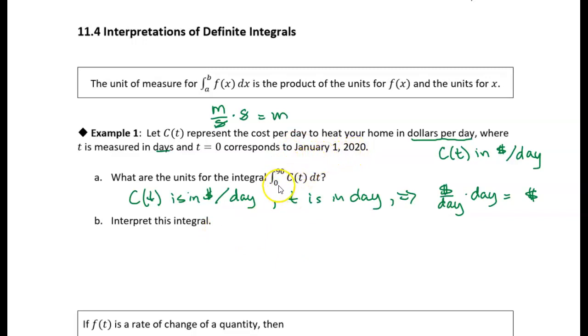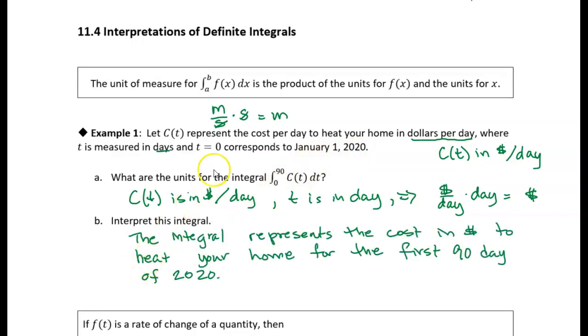Because t equals 0 corresponds to January 1st, 2020. So the integral represents the total cost in dollars to heat your home from January 1st, 2020 over the first 90 days. So wherever that takes you into February, at least the end of February or beginning of March.